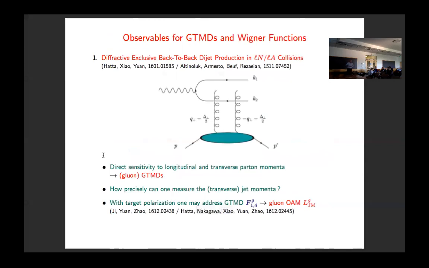A very nice suggestion was made by Feng, Yoshitaka, and Owen Zhao 2.5 years ago, to look at diffractive exclusive back-to-back dijet production in lepton-nucleon and lepton-nucleus collisions. This is a sketch of the process. You are exclusive on this side, you know the kinematics of the virtual photon, you measure the 2 jets, and then you can readily verify that you are sensitive not only to the longitudinal momenta of these gluons, but in particular to the transverse.